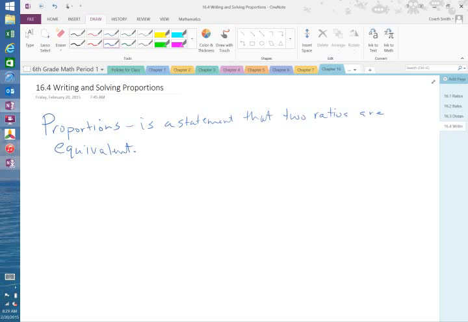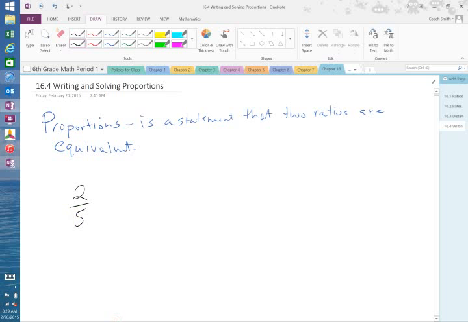So for example, if we said that in this classroom, 2 out of every 5 students made an A on the test, and there's 20 students in the room, then we want to know how many people made A's.